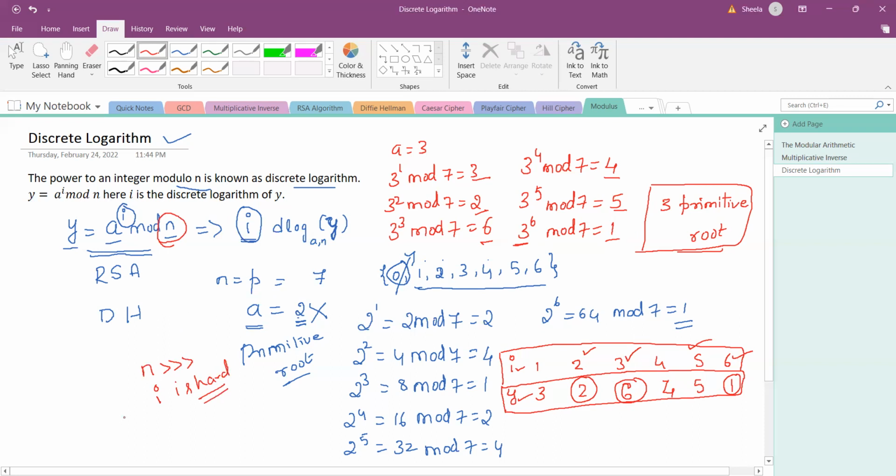That is the reason Diffie-Hellman key exchange uses this as security to share the key. In Diffie-Hellman key exchange, we consider the primitive root to the power of the private key, where this private key is the discrete logarithm.